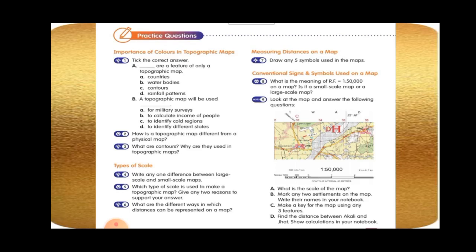For example, 1 centimeter is equal to 25 lakh, which means 1 centimeter is equal to 25 lakh centimeter. Since 25 lakh centimeter is equal to 25 kilometer, therefore 1 centimeter on the map will represent 25 kilometer on the ground.